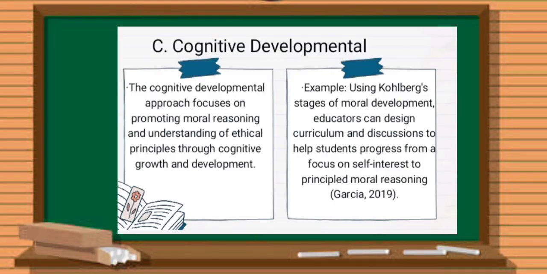The cognitive developmental approach is focused on promoting moral reasoning and understanding of ethical principles through cognitive growth and development. For example, using Kohlberg's stages of moral development, educators can design curriculum and discussion to help students progress from a focus on self-interest to principled moral reasoning.